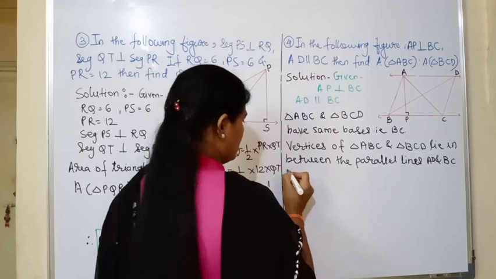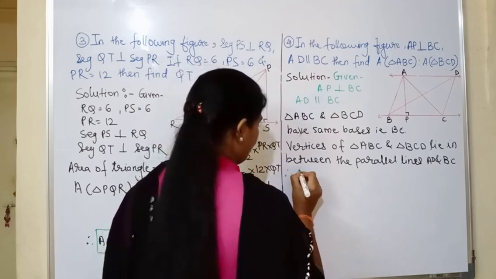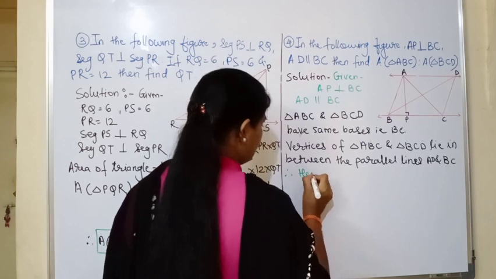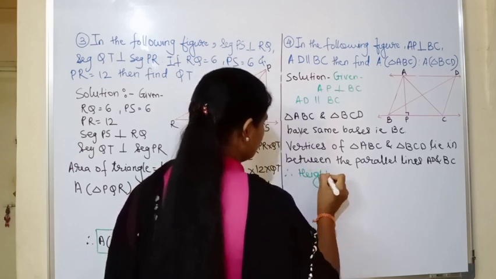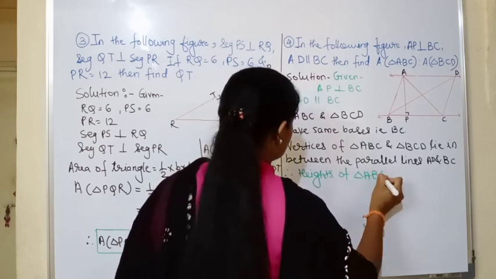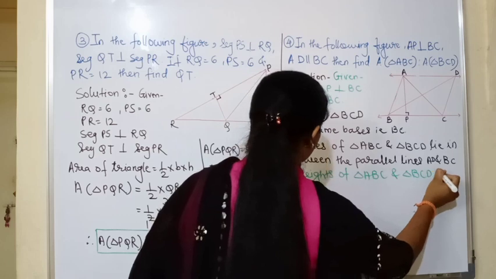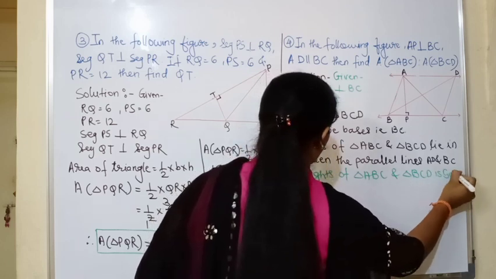Therefore their heights are same. Therefore the heights of triangle ABC and triangle BCD are same.